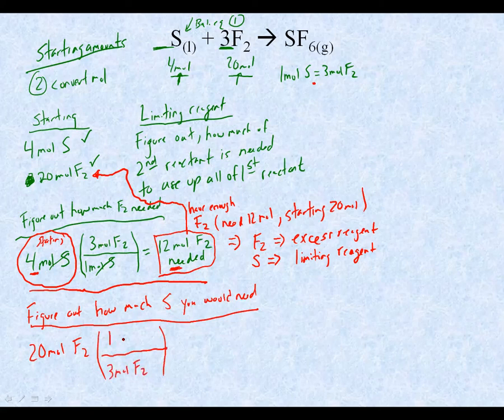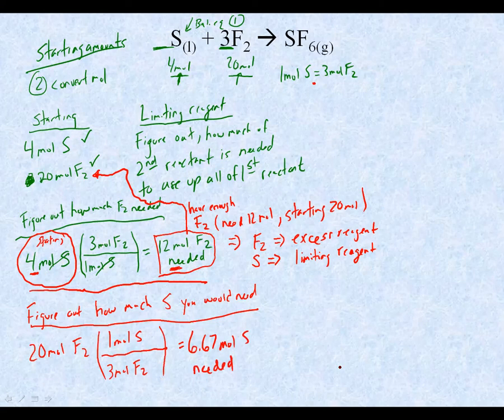The 1 mole of S would go on top. And we essentially take 20 divided by 3, which gives us 6.67. That gives us 6.67 moles of sulfur needed in this case.